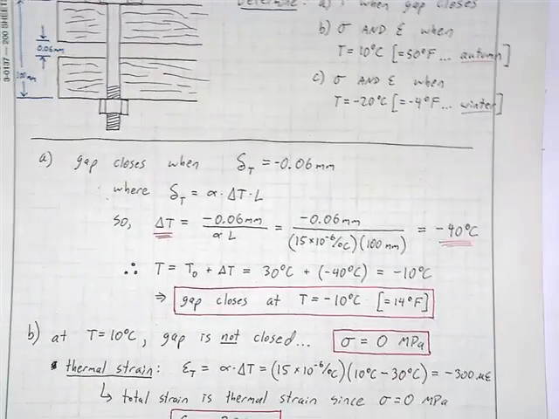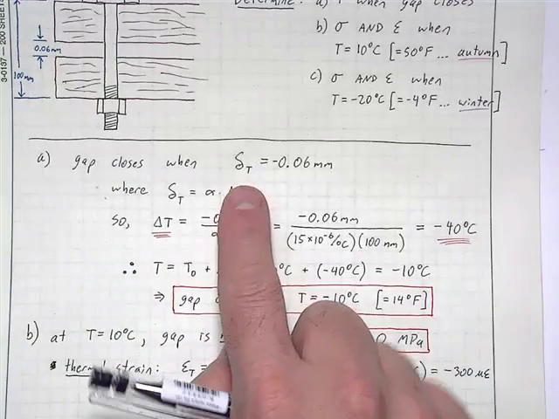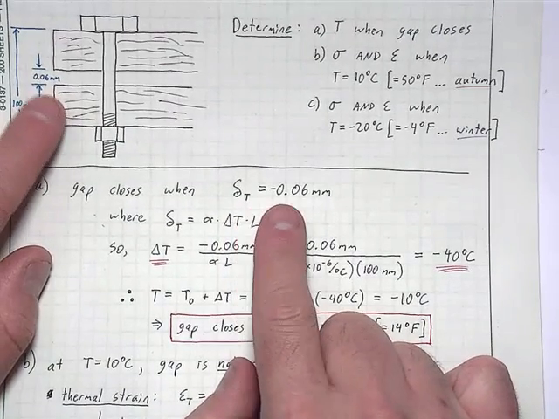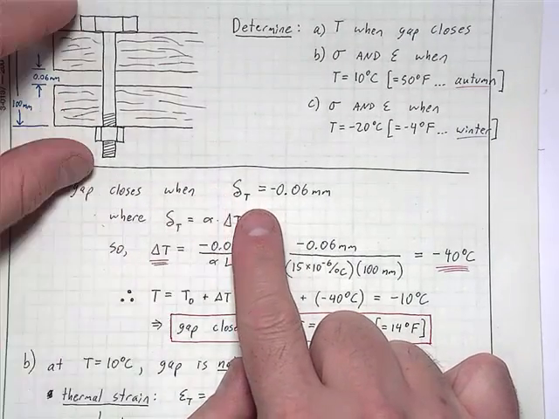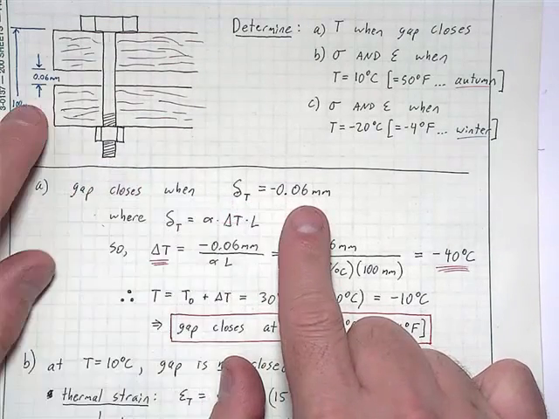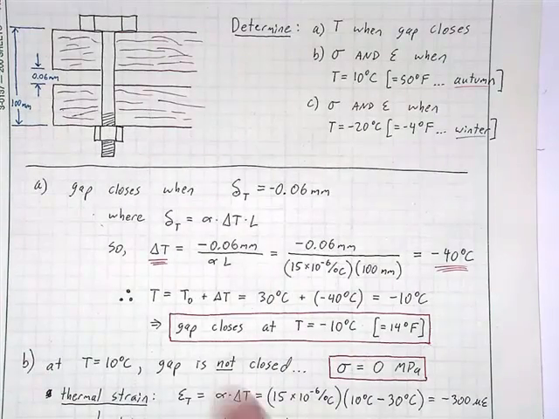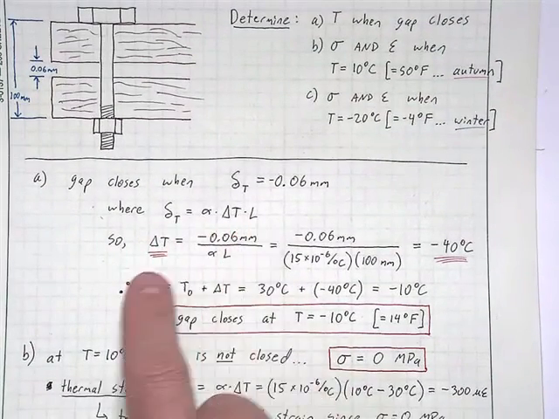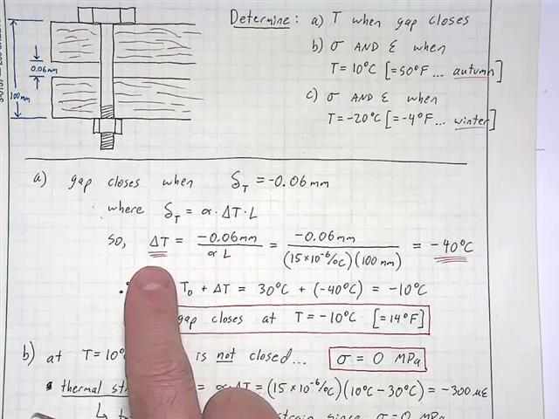Okay, so part A, the gap closes when the thermal deformation is equal in proportion to this gap, but in a negative fashion. So we need to have a negative deformation of the bolt because we want it to shorten by this gap. All right? So that's when the gap closes. The thermal deformation expression is here. The only unknown here is the change in temperature.